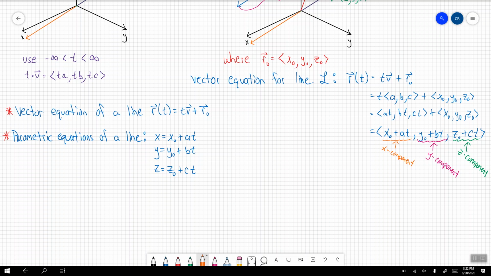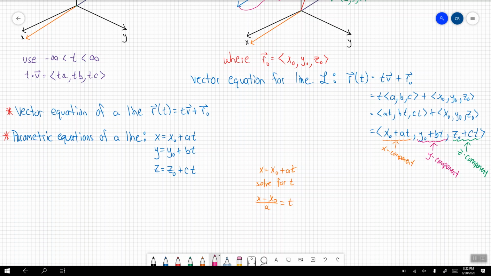I'm going to take my x component, where x is equal to x naught plus a times t. And what I'm going to do here is solve for t. So solving for t, we get x minus x naught divided by a is equal to t. Okay, that's great. Let's keep that in our back pocket.